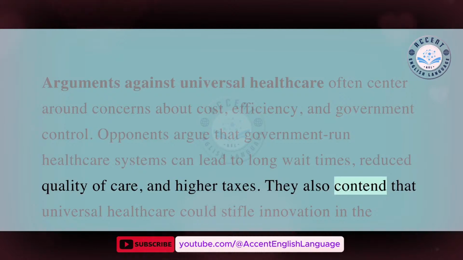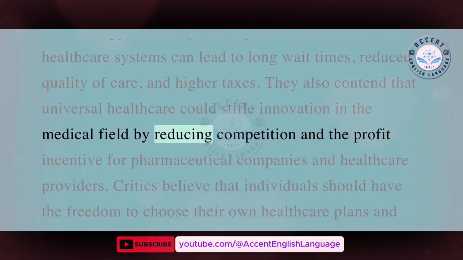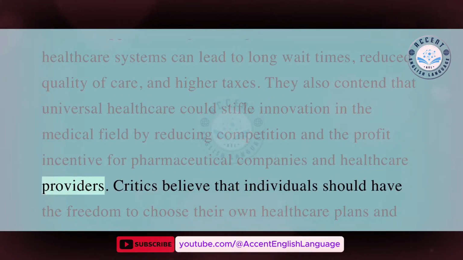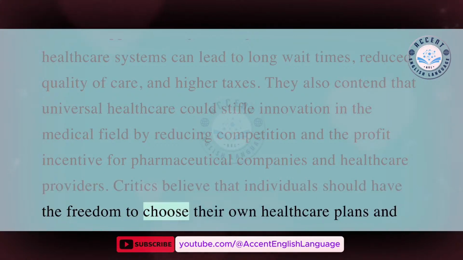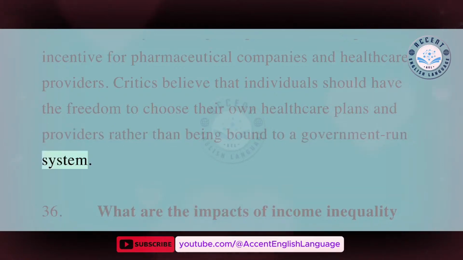They also contend that universal healthcare could stifle innovation in the medical field by reducing competition and the profit incentive for pharmaceutical companies and healthcare providers. Critics believe that individuals should have the freedom to choose their own healthcare plans and providers rather than being bound to a government-run system.